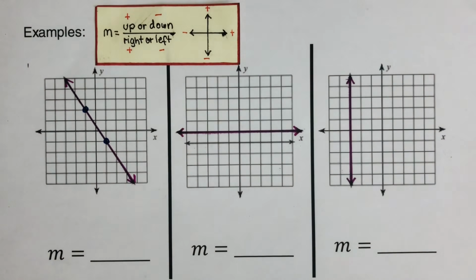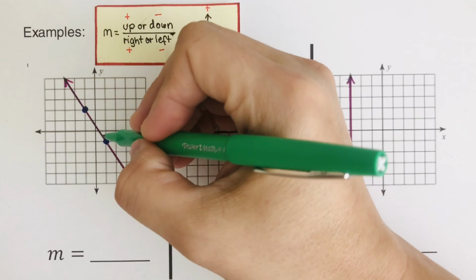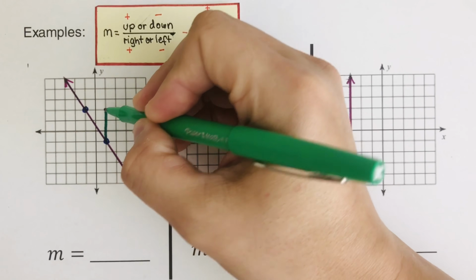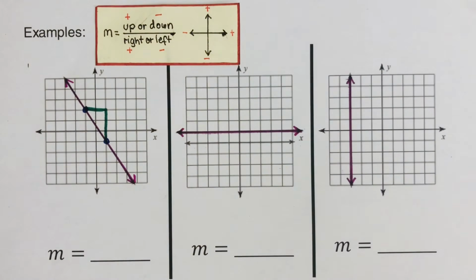Then from here, I'm going to create my slope triangle. This is the slope triangle right here. After that, I'm going to count. I would recommend that you go up and over, but again, you can go up, down, left, or right. It doesn't matter.